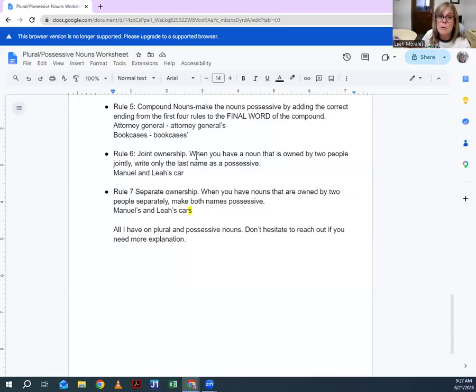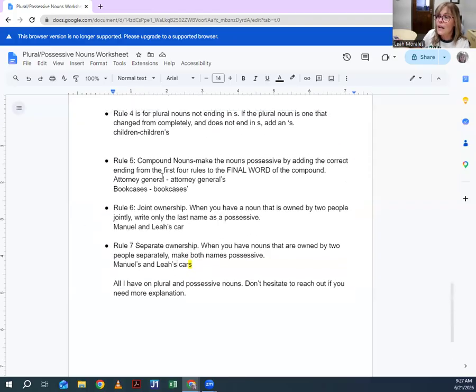So that's the thing to remember about ownership. If it's joint, if it's one car owned between 2 people, you just put the apostrophe S after the last person in the list's name. If it's multiple objects of the same type, like multiple people owning cars and the word car has an S on it, then you make both of them possessive, okay?